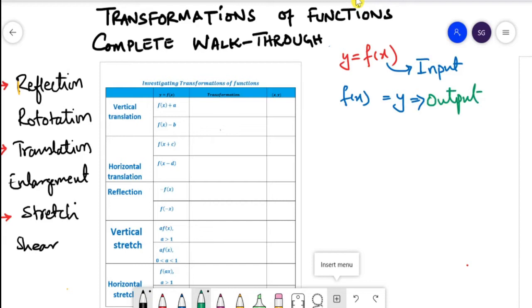What we are going to do is add or subtract in the input, or add or subtract in the output, or multiply by some number in the input or the output. These are the possible transformations that we're going to discuss.